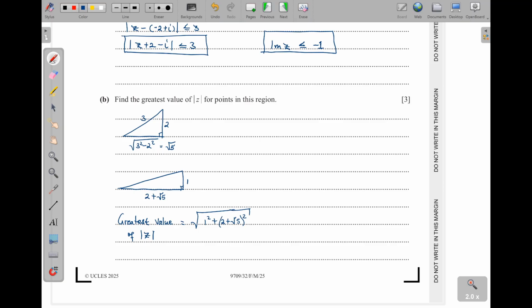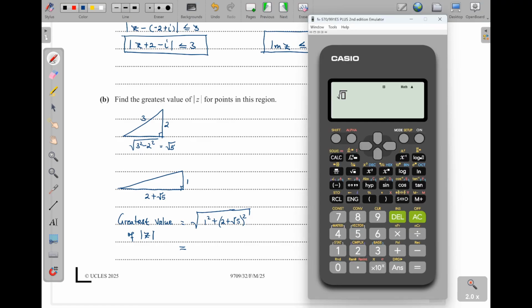Okay, and then when you put this one in the calculator, what do you get? Square root of 1 squared, then plus 2 plus root of 5, then we also square that one, and it will give us 4.35.